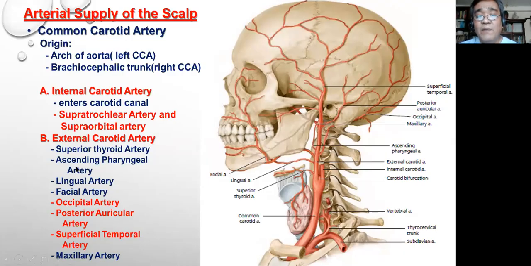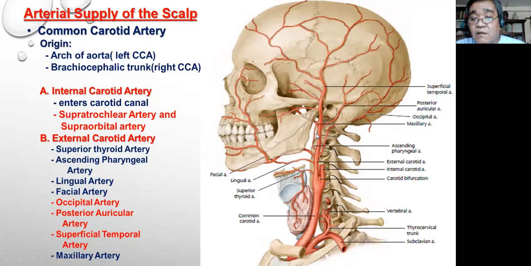Now we mentioned that the scalp is well vascularized. What are the blood vessels that supply the scalp? Majority of which come from your external carotid artery.